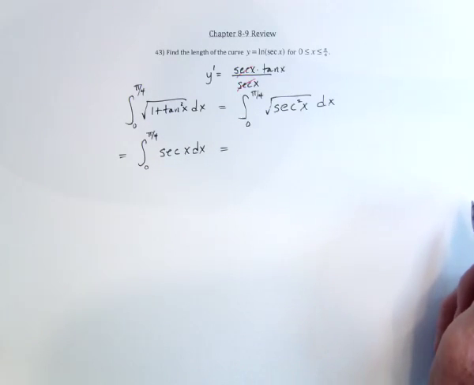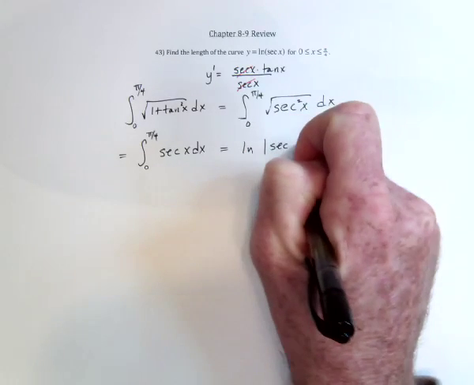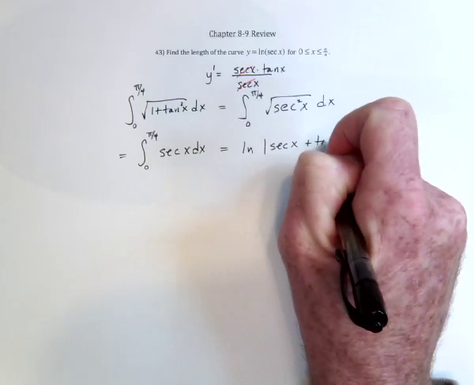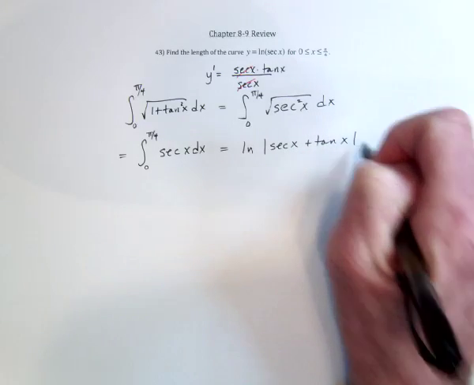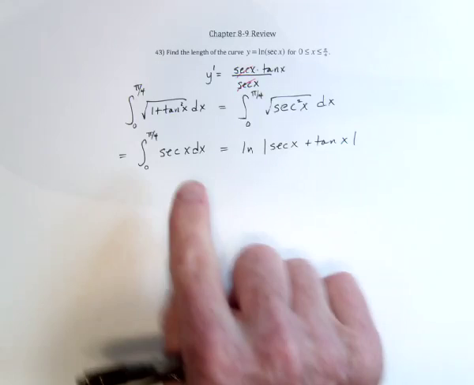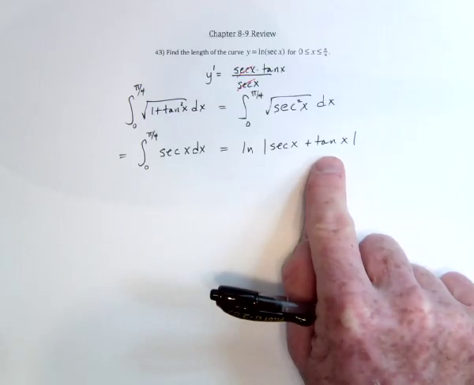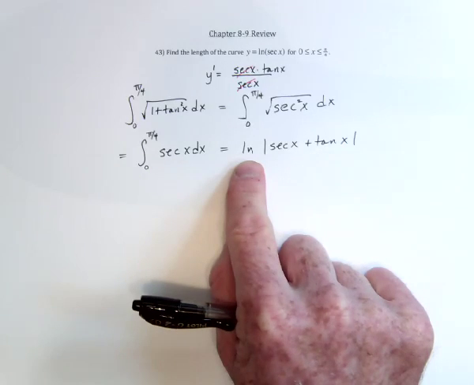So hopefully you remember the integral for secant of x is the natural log of secant of x plus tangent of x. The way that I remember it is, the derivative of secant is secant times tangent. So the integral has the secant and the tangent, but you just have to remember that it's natural log.